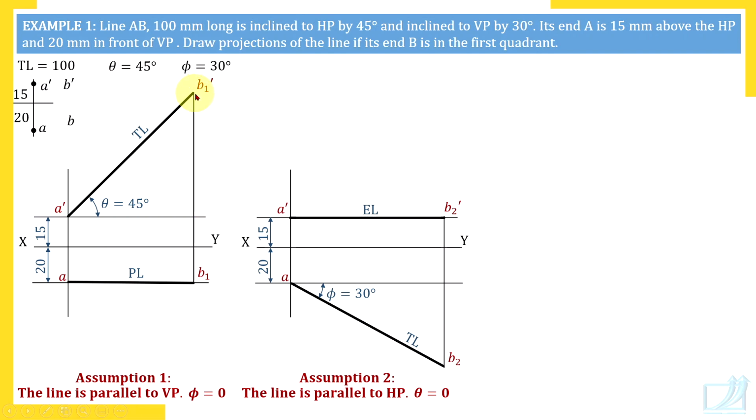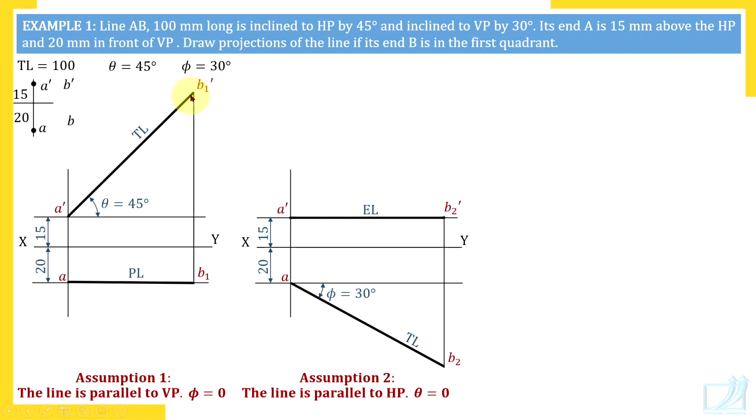What you should understand here is, if you change this angle theta, if you reduce that angle theta, B1 dash moves closer to XY line. What does that mean? Distance of point B from HP purely depends on inclination with HP. It has nothing to do with inclination with VP. So when line is inclined to HP by 45 degrees, distance of point B from HP we have found out.